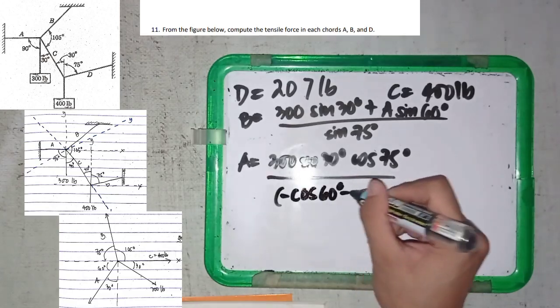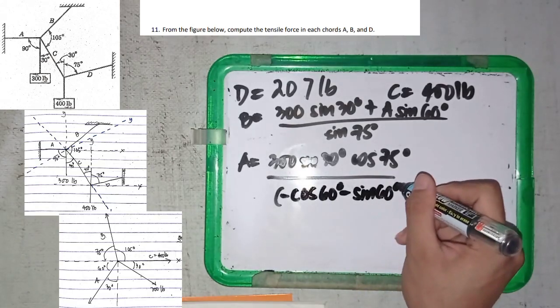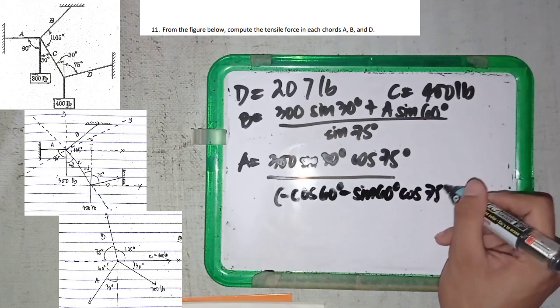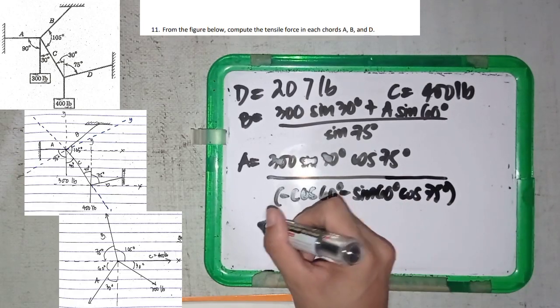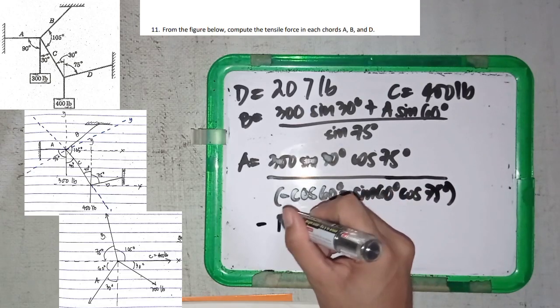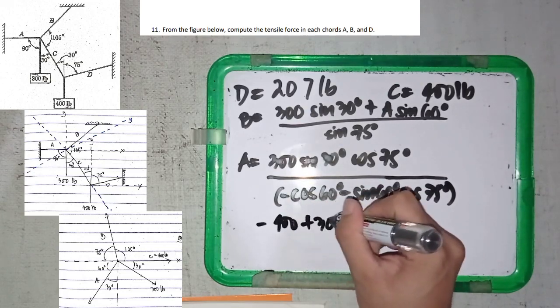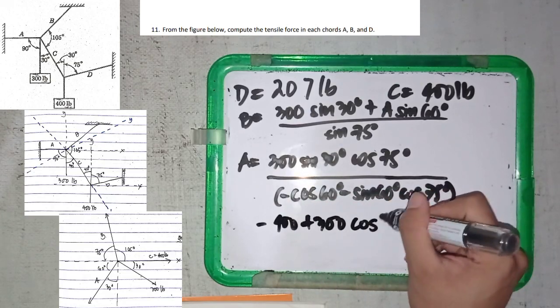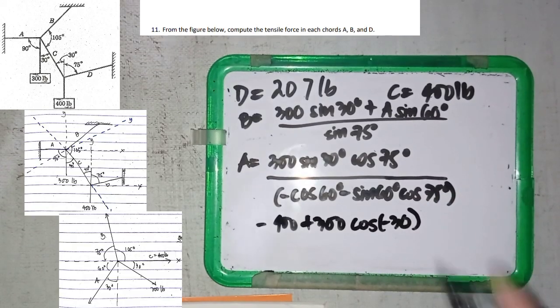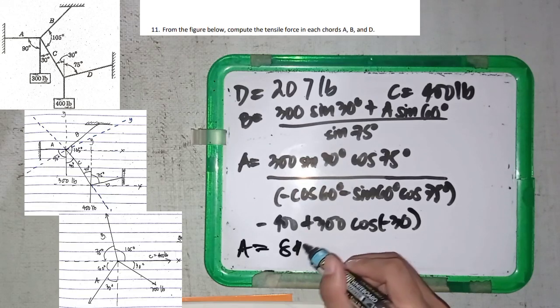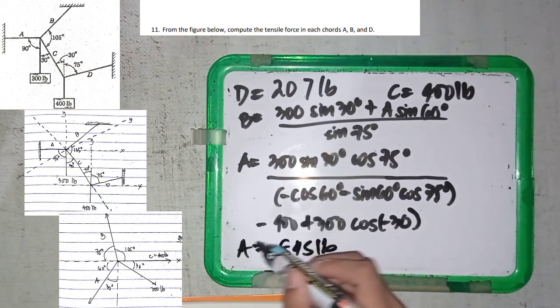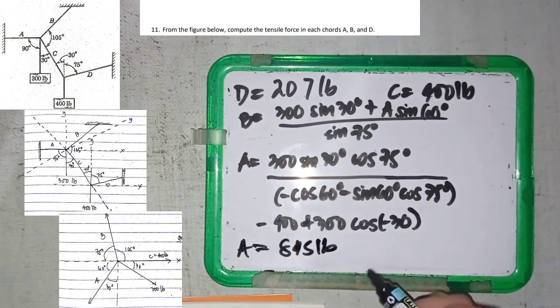Cosine 60 degrees minus sine 60 degrees times cosine 75, minus, continuing, 400 plus 300 cosine negative 30. If we solve this in your calculator, what we got here is 845 pounds. So we got a value.